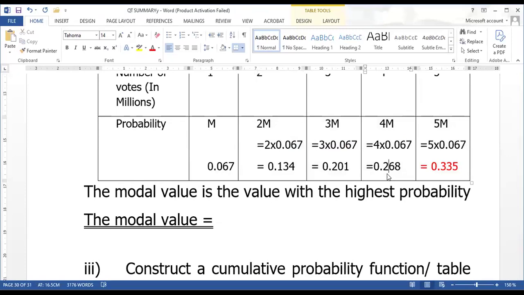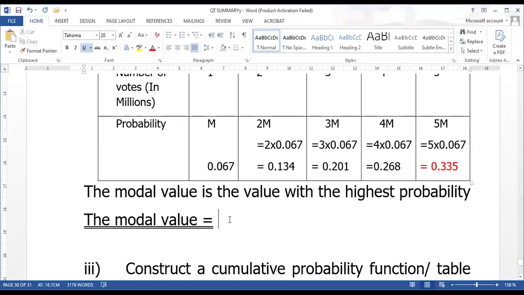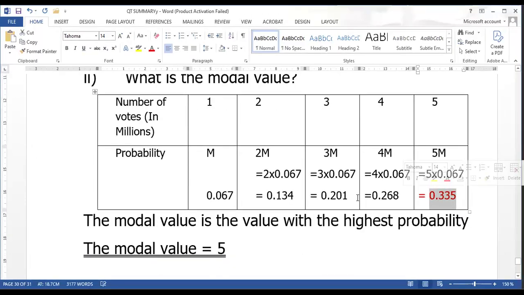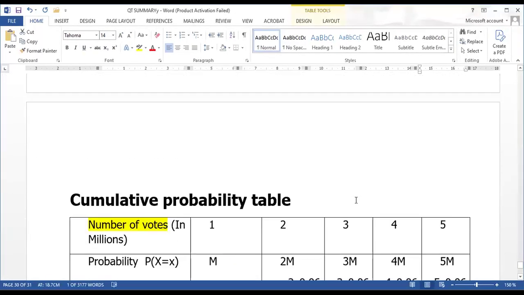Yes, you have a 1.0. 1.005. Okay. The issue is just on what? On decimal points. Okay, here the value is 5 because it is the one that has the highest probability.